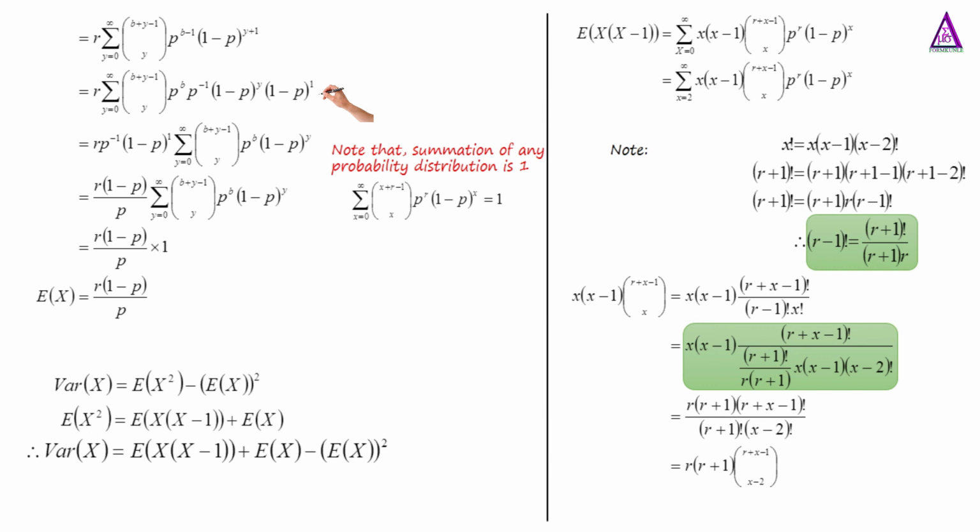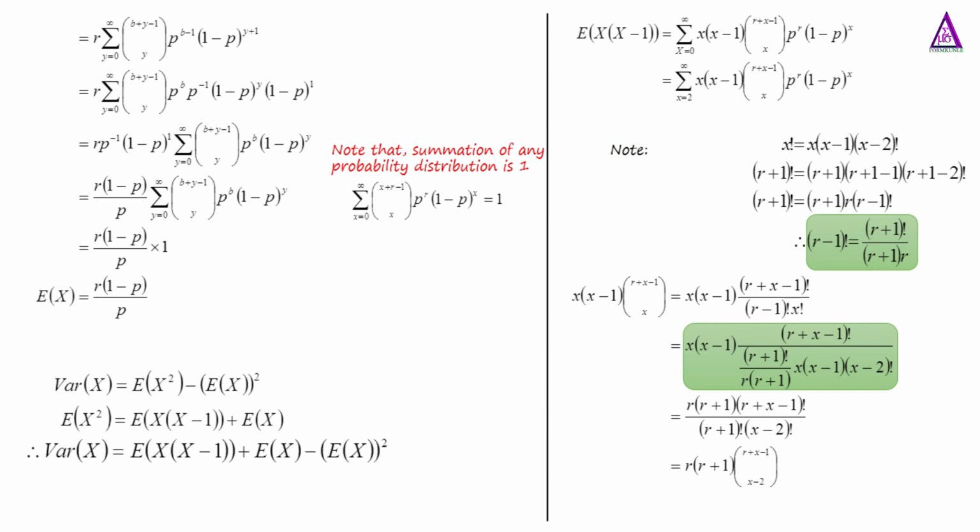We factorize r p raised to the power negative 1 in the bracket 1 minus p raised to the power 1 out of the equation. And the remaining expression is a probability density function of the negative binomial. And anytime we have a summation of a probability density function of any distribution, that will be 1. So that is where we get that one.